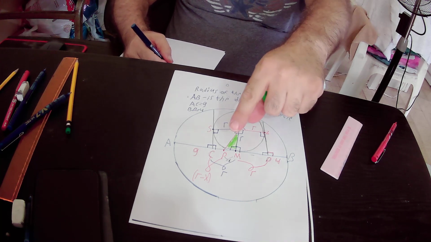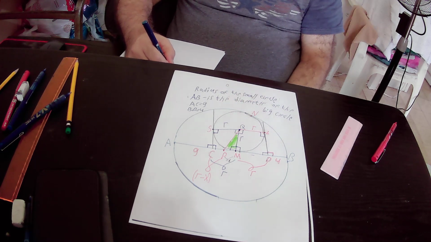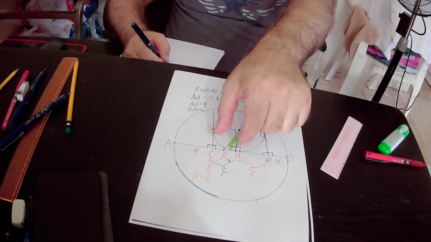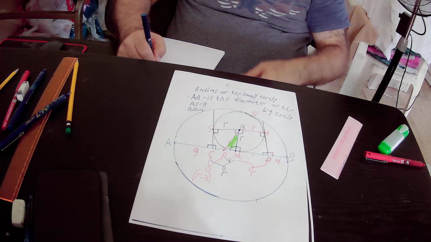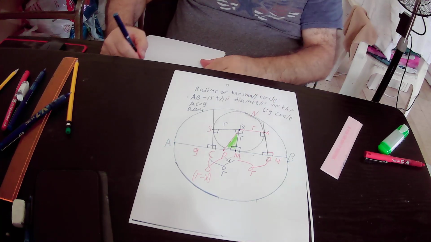The square of the hypotenuse is PQ square, equals the sum of the squares of the perpendiculars, PM square plus QM square.